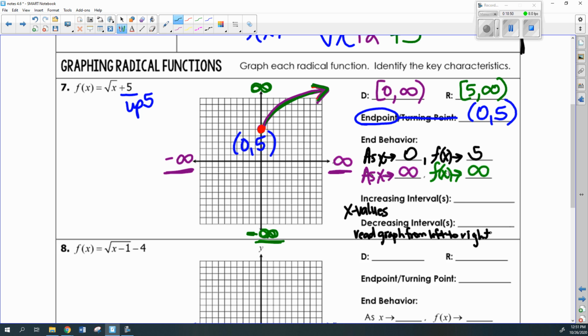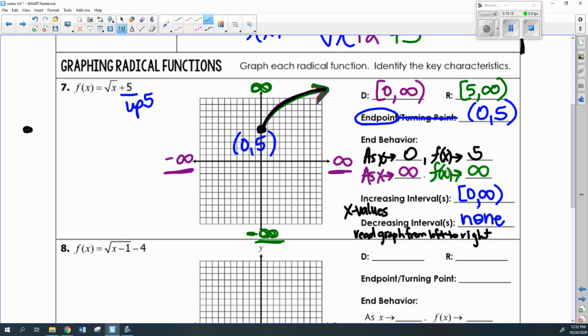So we're going to start on the far left. Here's the leftmost point, and then I trace it with my finger, and I notice that it's increasing. So right away, I'm going to say none for decreasing. And then all you really need to know is that if it's increasing, you can copy the domain.